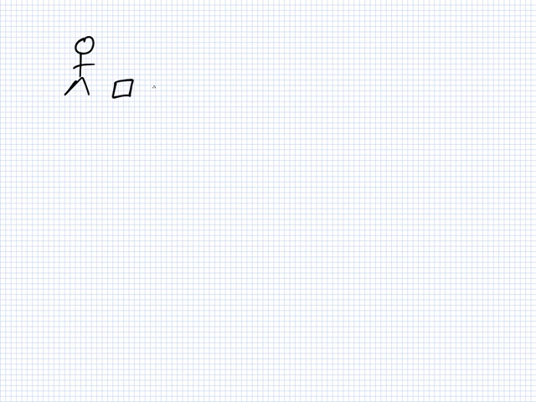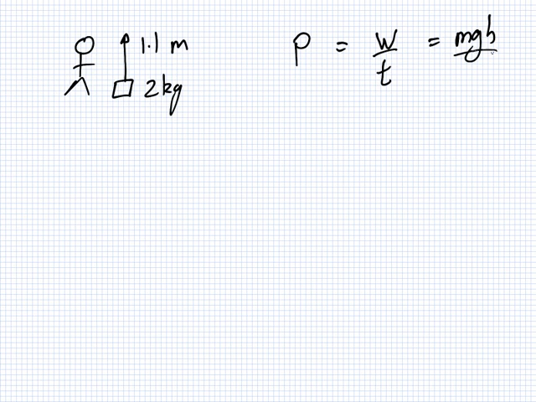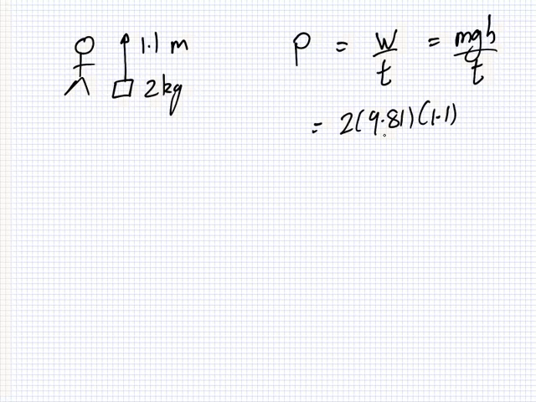So this is 2 kilograms, and he lifts this 1.1 meters. So the power is the work done over the time, and the work he's doing is given the book potential energy. He's putting this energy into the book. So that will be 9.81 times 2 times 1.1 over 2.